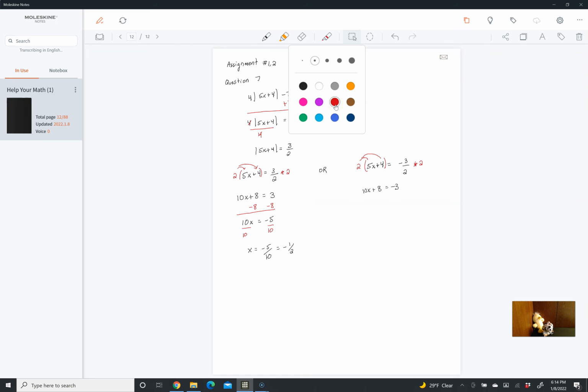So just like before, we're going to subtract 8 from both sides, which is going to leave us with 10x is equal to negative 11. Divide both sides by 10.